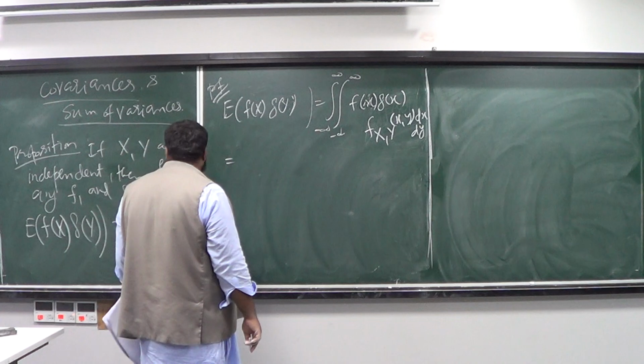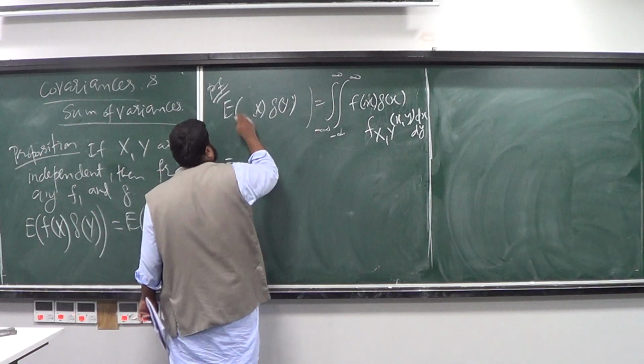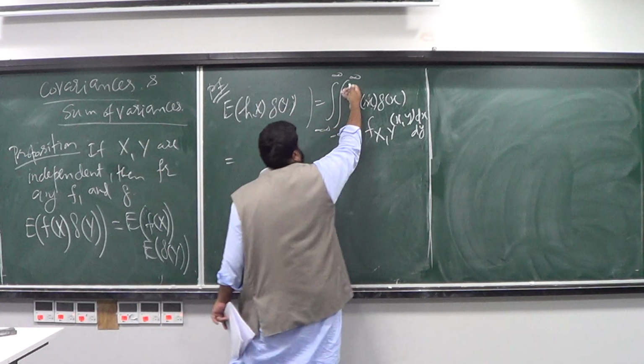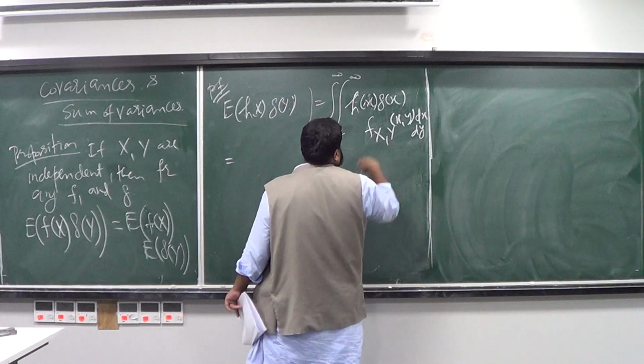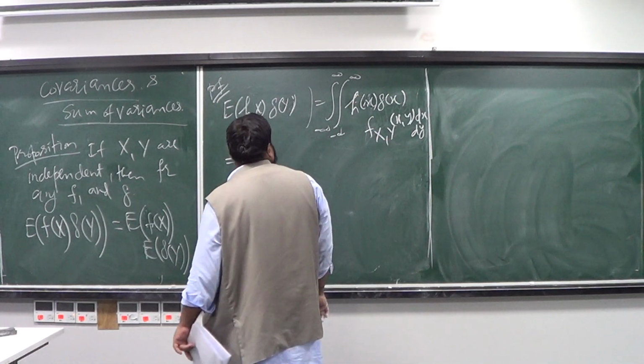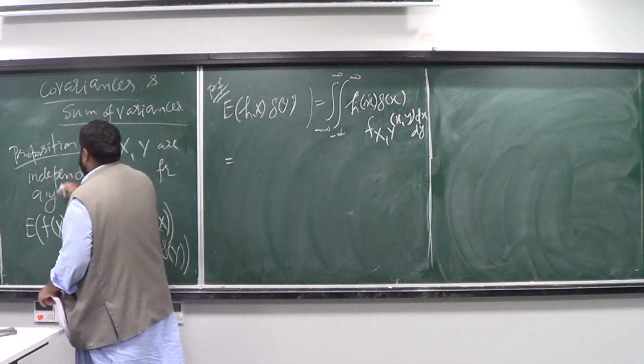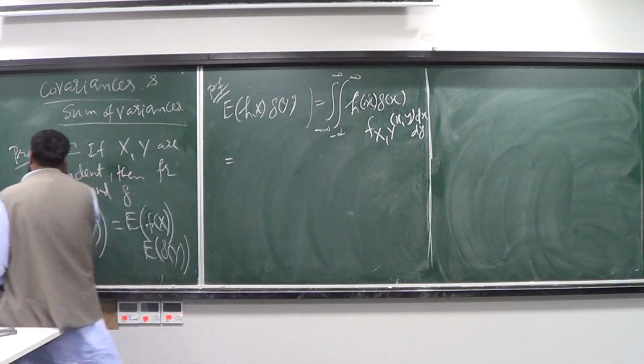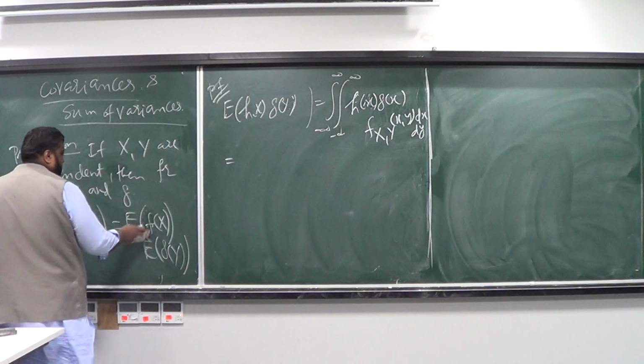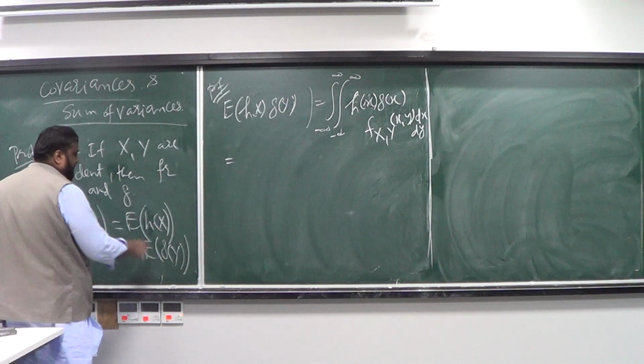I know that f is not a good choice, so maybe we can change the f to h, otherwise it would be repeated. So h and g. Let's call it h of x, and g of y.